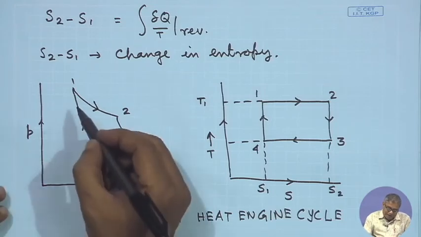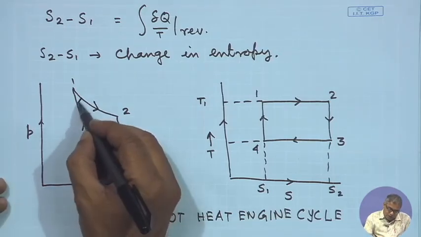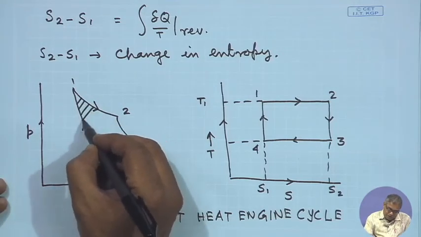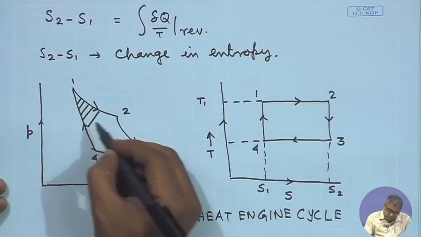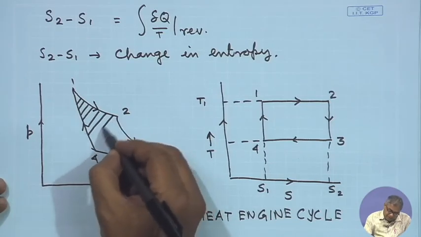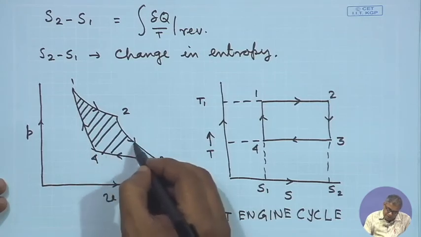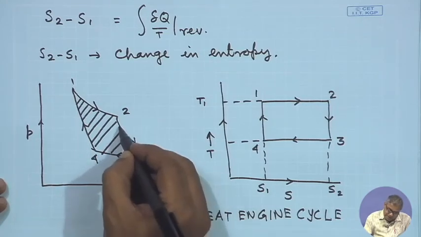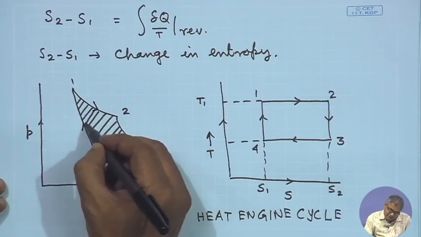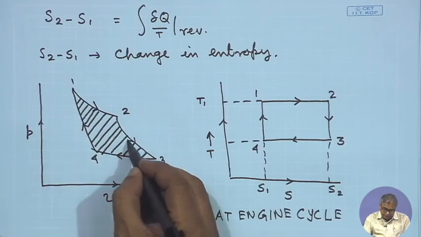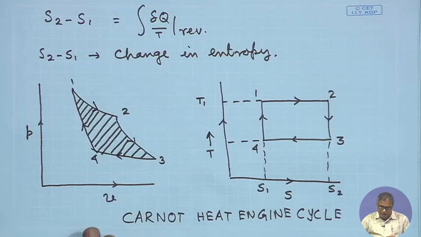So, if the work done during a process is given by the area under the curve, then for a cycle the area enclosed by the cycle will give us the work done by the Carnot heat engine cycle. So, that is what we get from the PV diagram.